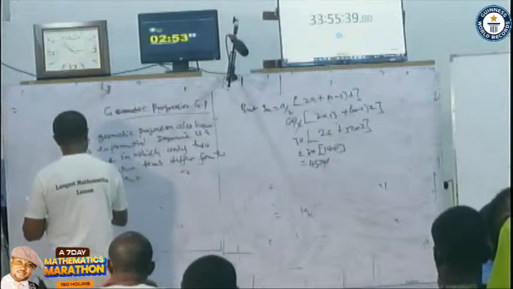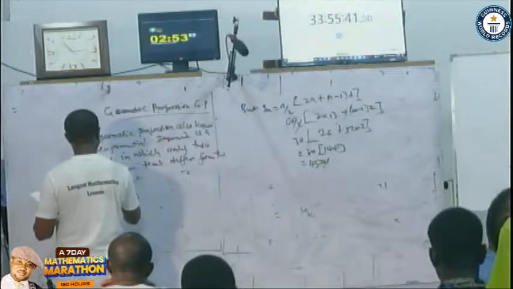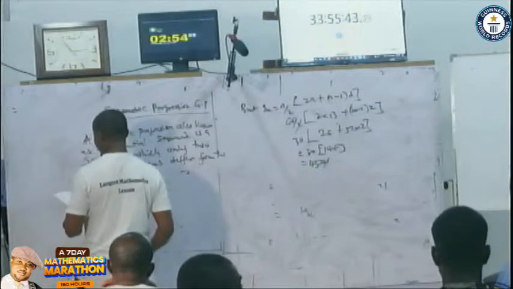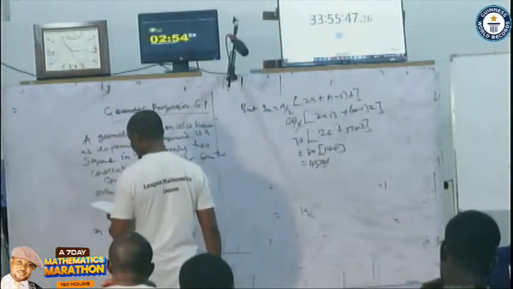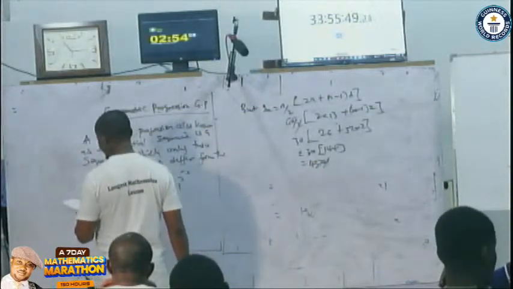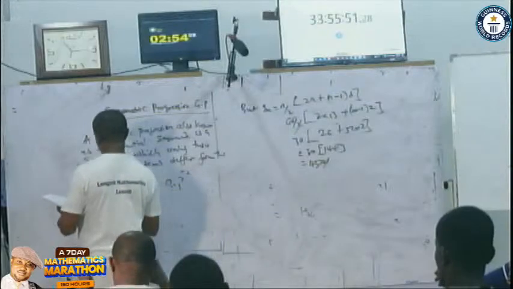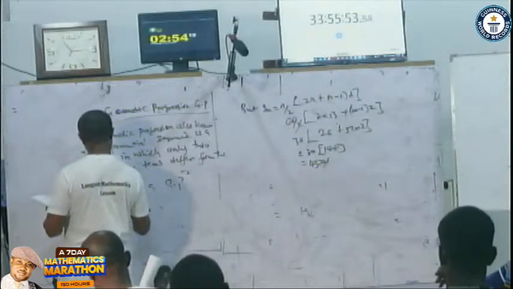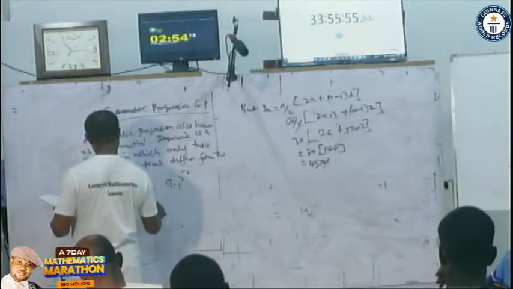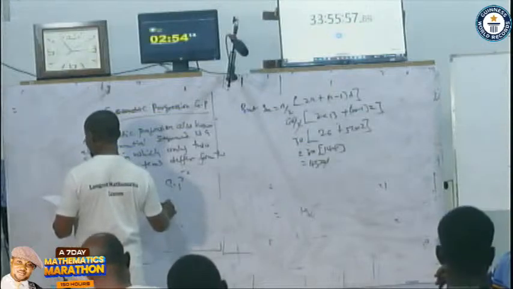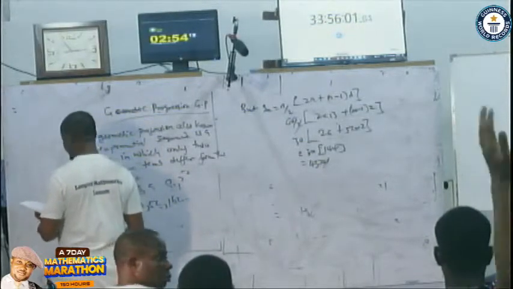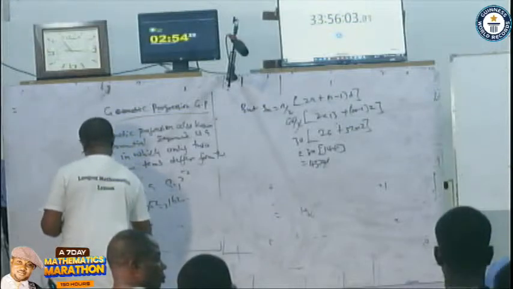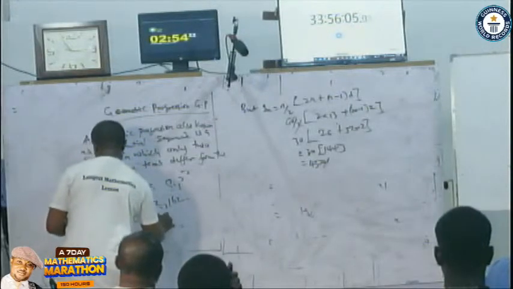So let's go to an example of a GP. So we have 8, 16, 24.